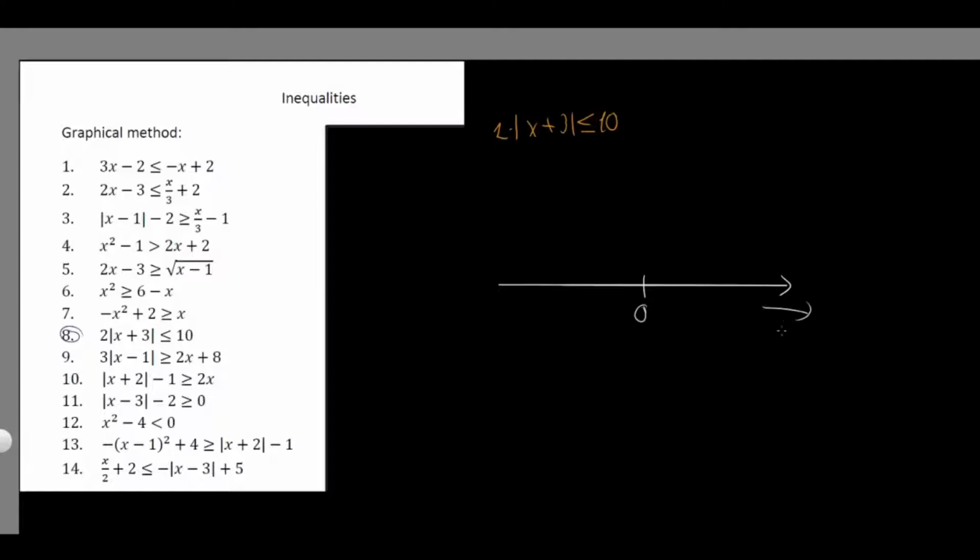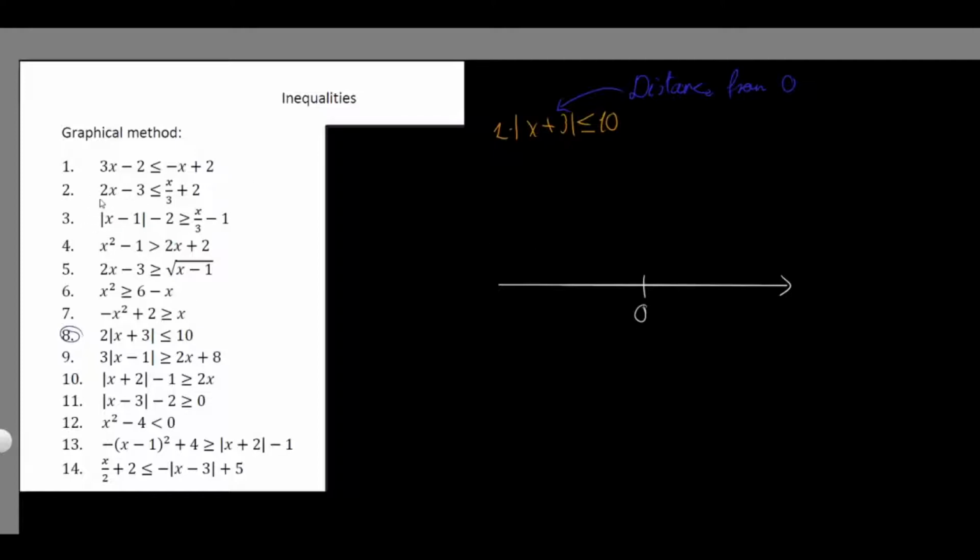And this is the direction it increments or increases. So we know that the absolute value means the distance from 0. Distance from 0, obviously on the number line.